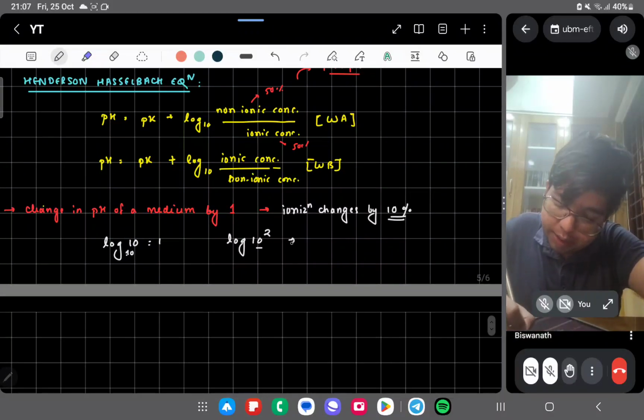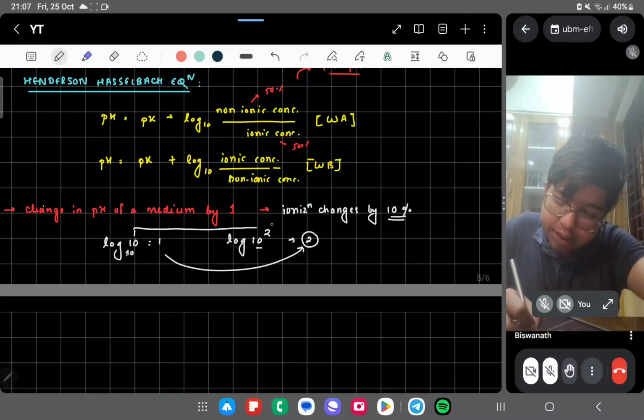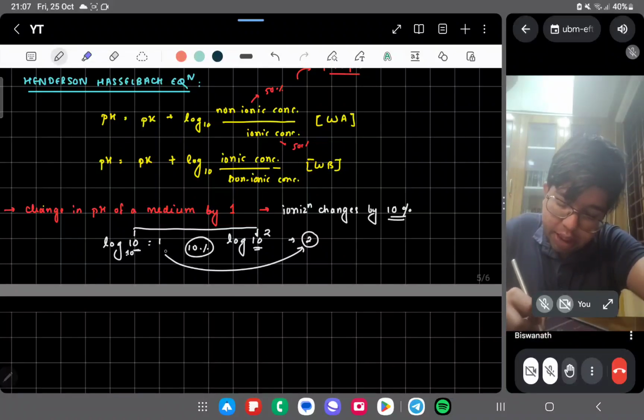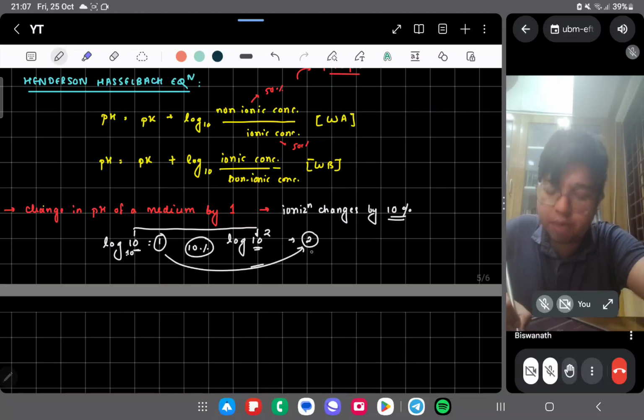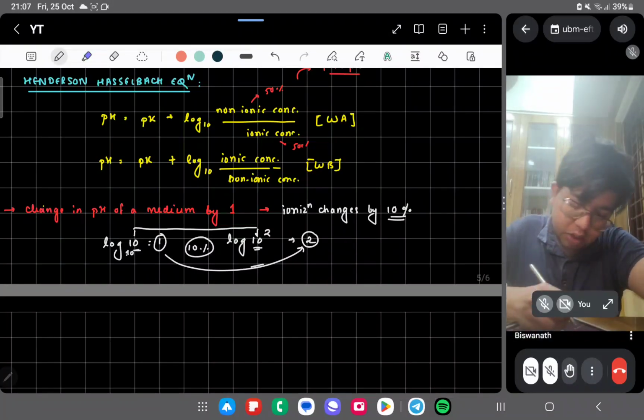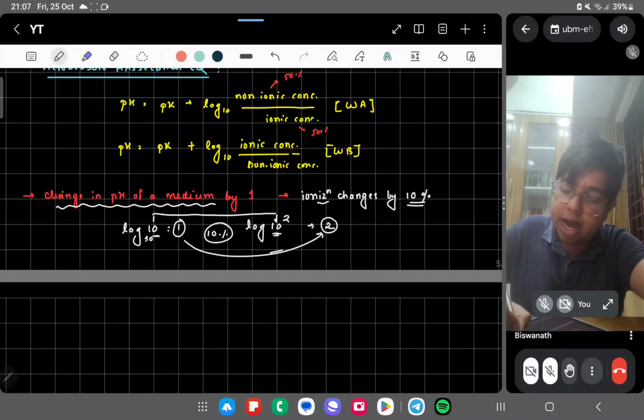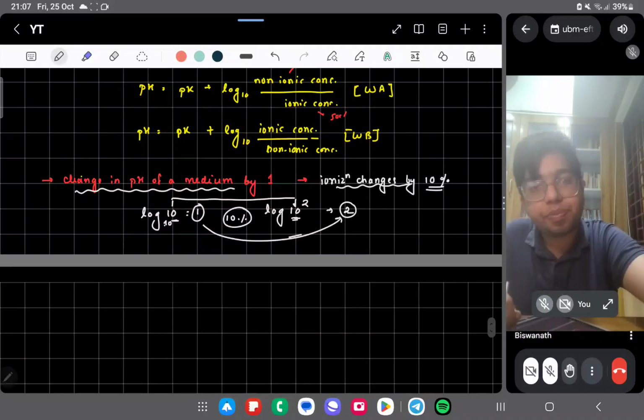Here the ratio was 10 and now it is 100, right? So there is a 10% change for a change of the medium pH by 1. Alternatively, you can state that if you change the pH of the medium by 1, ionization will change by 10%.